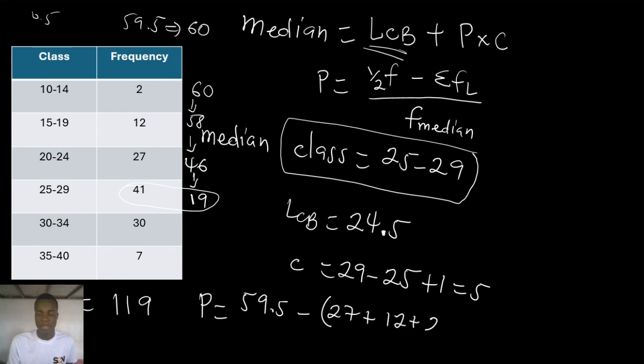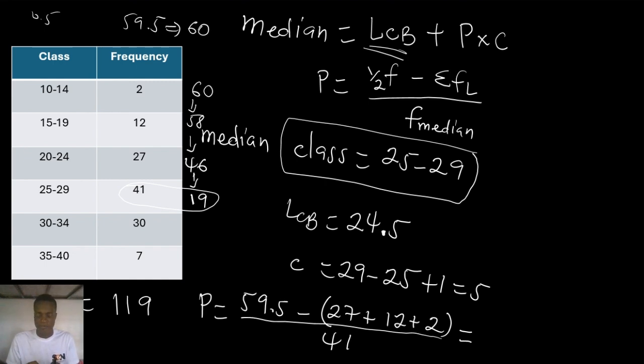When I say lower classes, I mean all classes before the median class. Our median class is this one. So we are trying to find the sum of all the frequencies of all the classes before that, divided by the frequency of the median class. This is our median class, and its frequency is 41.